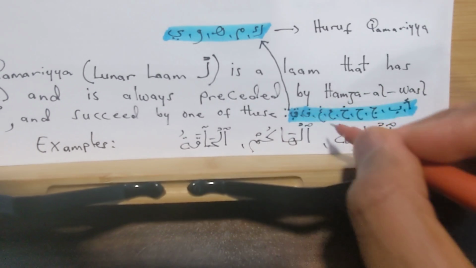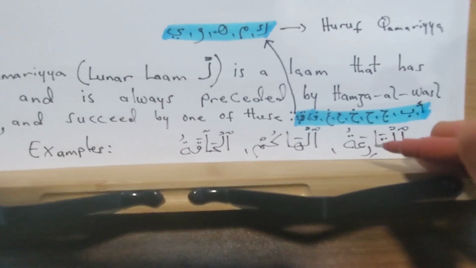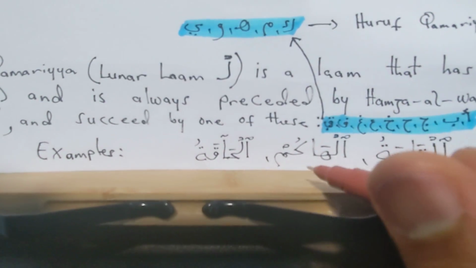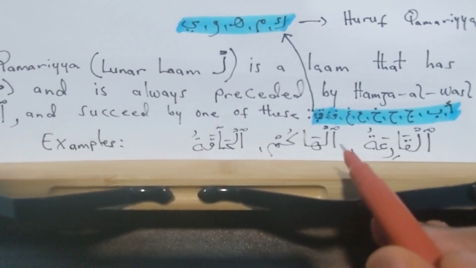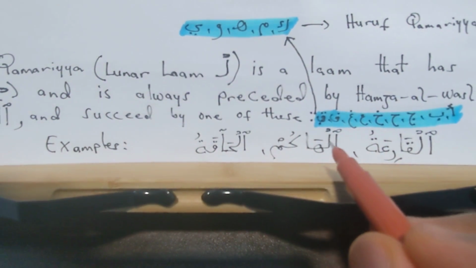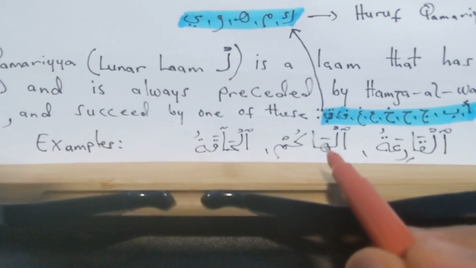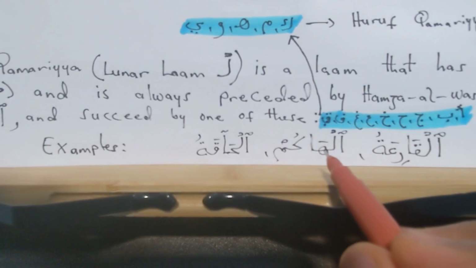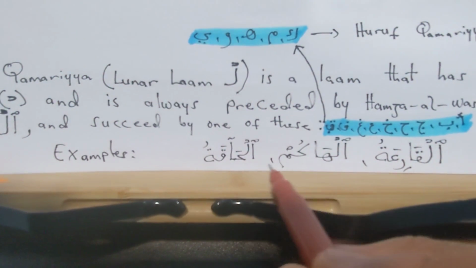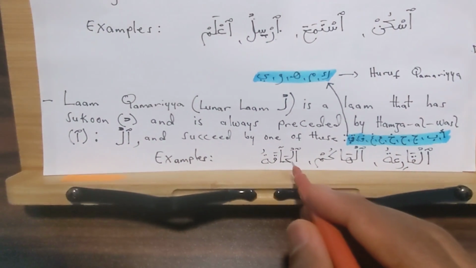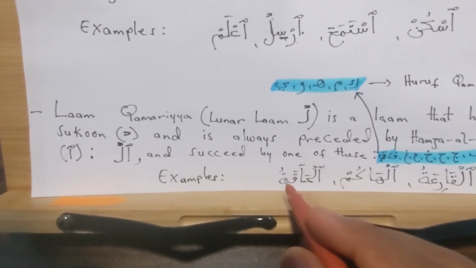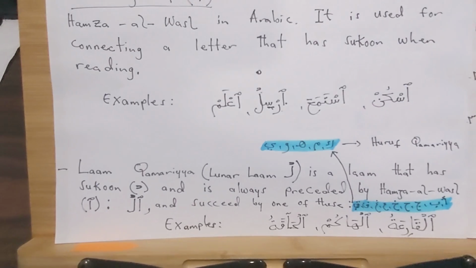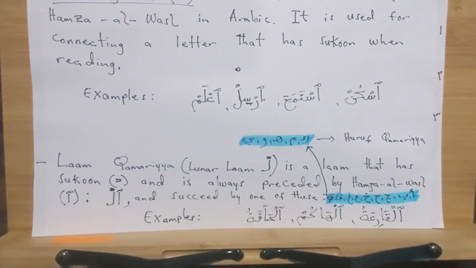Then Al-Haakum, with the Hamzatul Wasl, the Lam al-Qamariyya, and the lunar letter. And this is Al-Haqqatu. All of these are examples from the Quran.